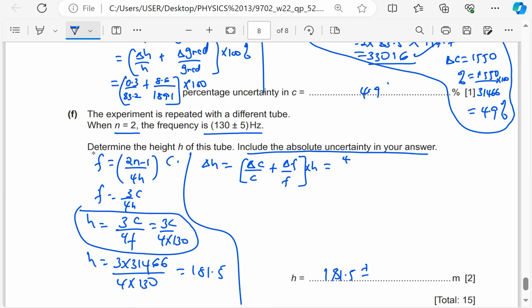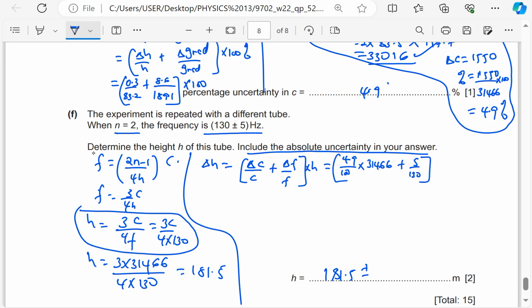It will be 4.9 over 100 times the value of C, which is 31466. Then plus the absolute of F, which is going to be 5 over 130.